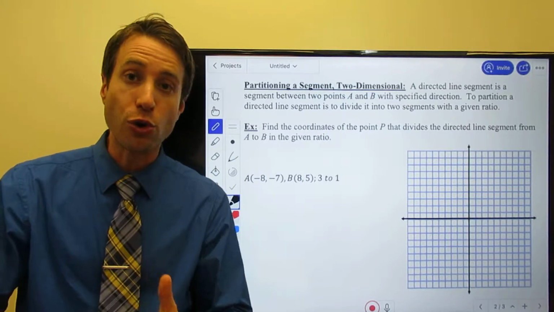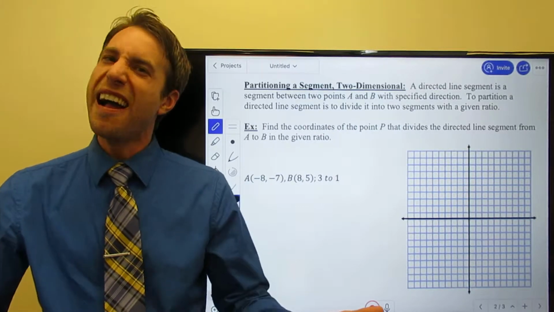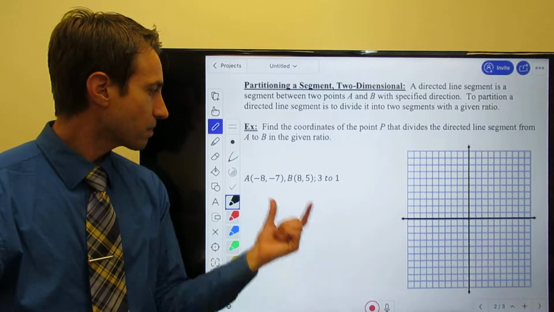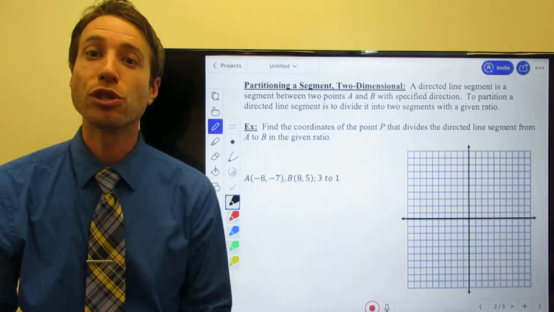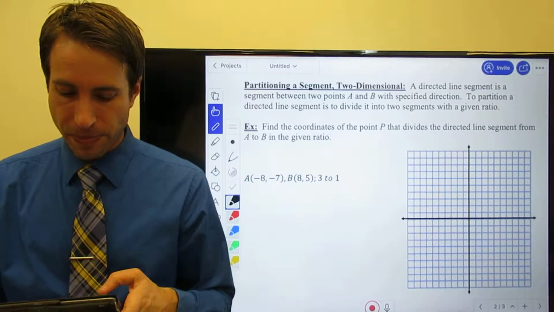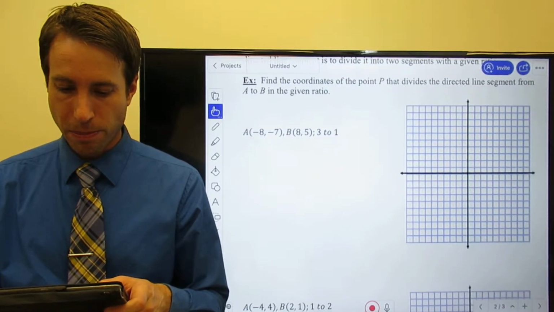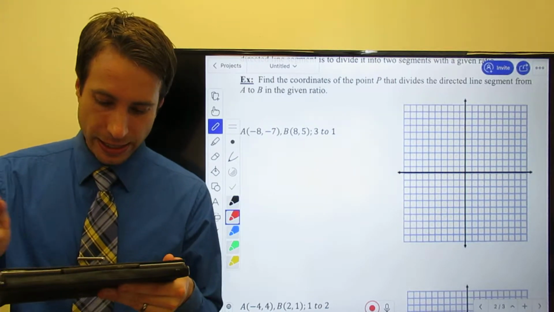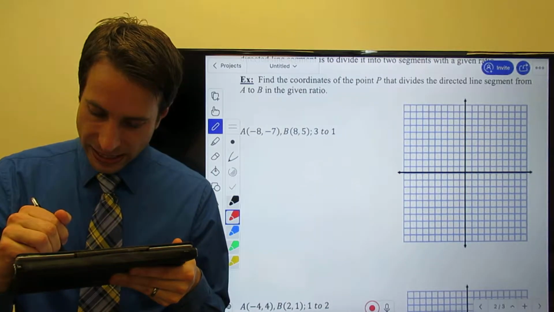First, I'll sort of show you where we might run into an issue, and then how we can go ahead and deal with it. So the first one we've got for you here is the points A and B, which of course we'll need to start this problem by plotting those points. So here we go, point A, point B, bear with me for a second while I do this. Let's see, -8, -7.